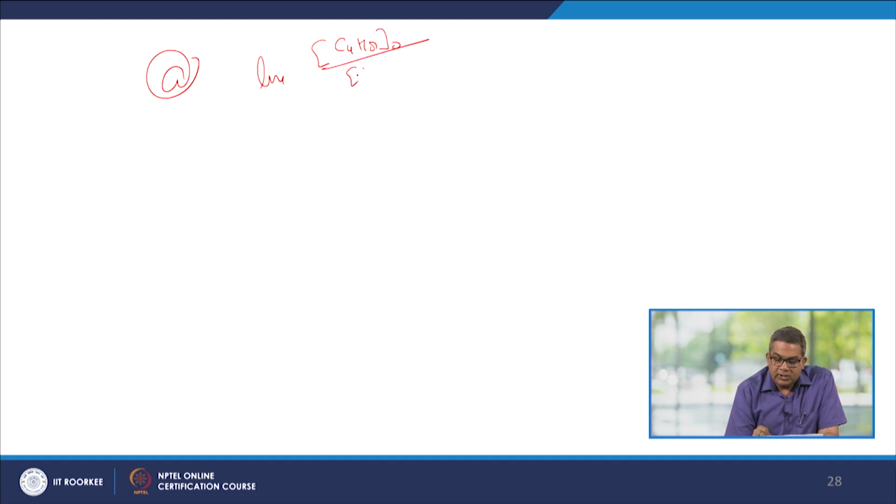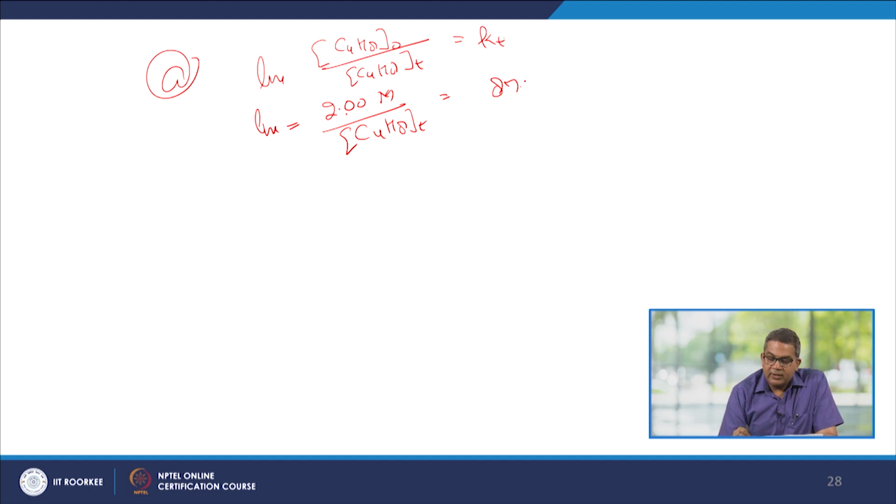So let us try to solve this particular problem. For A, ln of C4H8 at time t equal to 0 over C4H8 at time t is equal to Kt. These values are given to you, which is 87 per second into 0.01 second, that is 0.87.